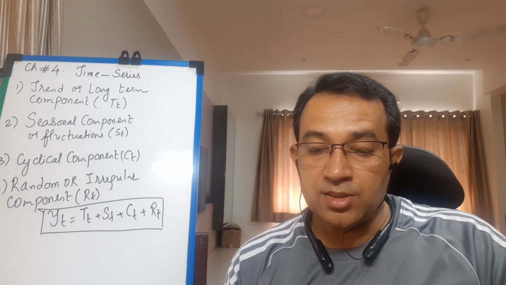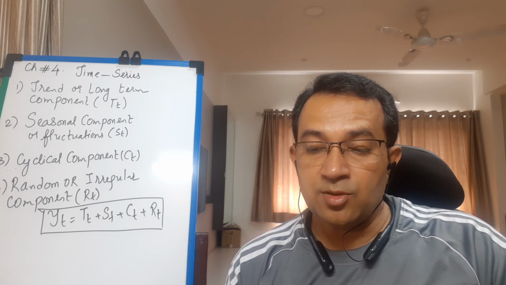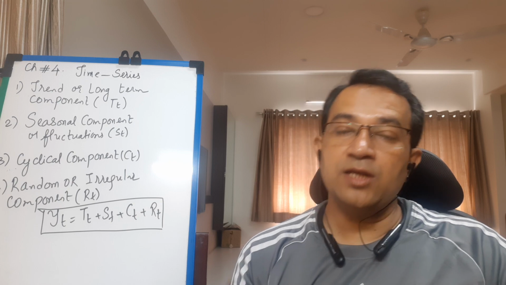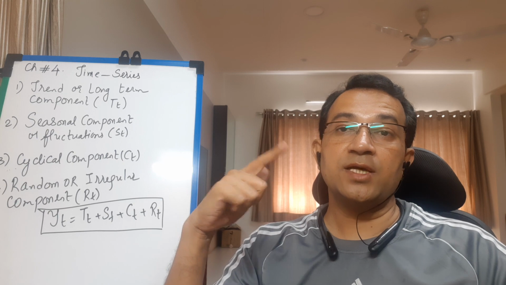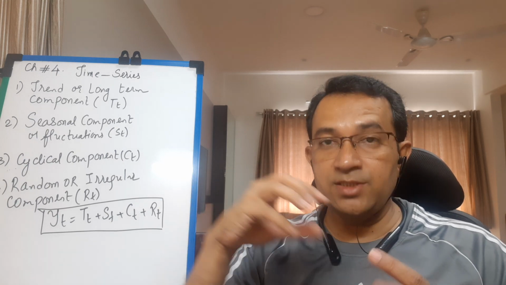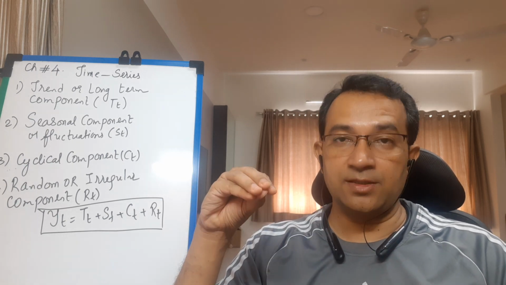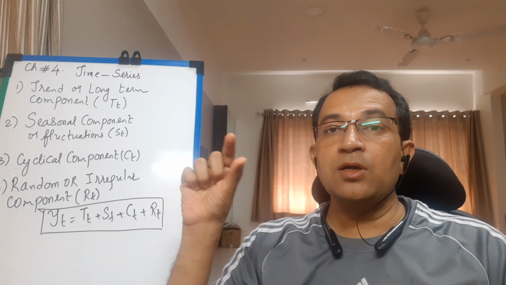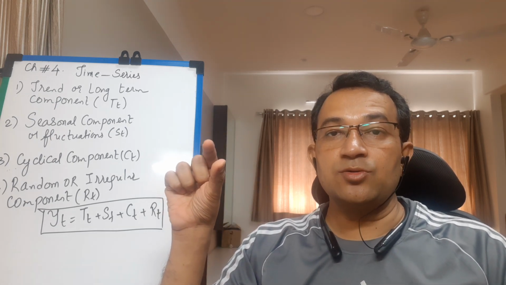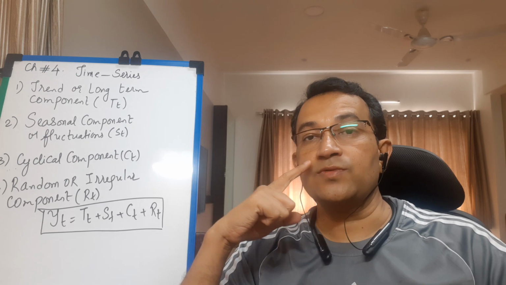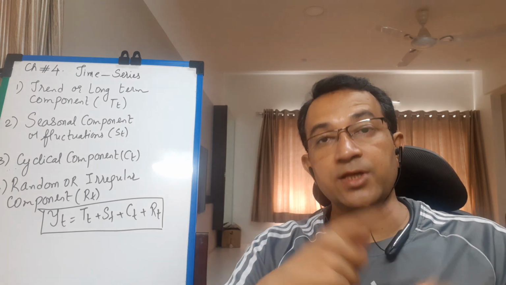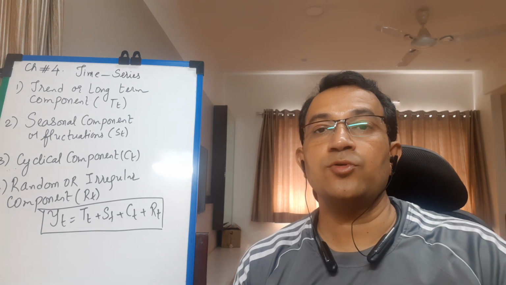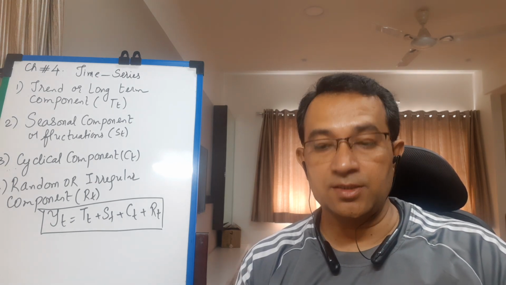Now students, it is not possible to get the information about seasonal component if only the yearly values of time series are available. This is very true, because seasons are repeated in a time duration of less than a year. So if we have yearly values of time series, then we cannot study the effect of seasonal component, because the repetition of seasonal component is always less than 1 year.